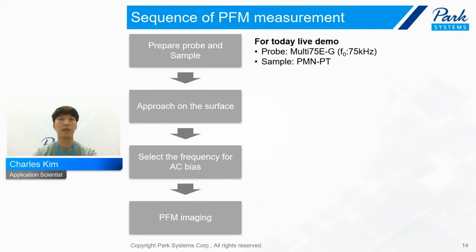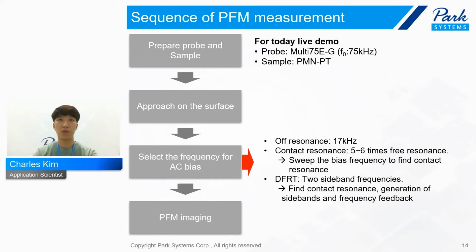And the next step is to approach the surface to get the contact resonance. And after that, we need to choose the frequency depending on the mode. So first, if you want to measure the off-resonance PFM, then you can just use 17 kHz for the AC bias. But if you want to use the contact resonance, then you can sweep the frequency of the bias to find the contact resonance.